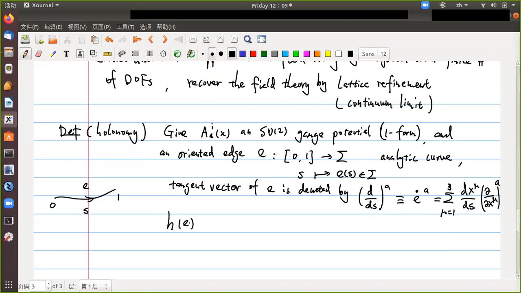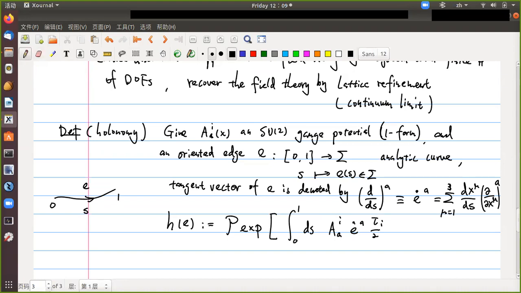Now we can define the holonomy. This is defined to be a so-called path-ordered exponential. I will explain what it is. It is the exponential of an integral over this curve, integrating over the parameter S, of A_a^i, with E dot a contracted with the tangent vector, times tau i.